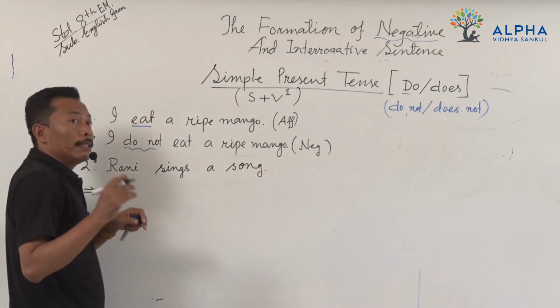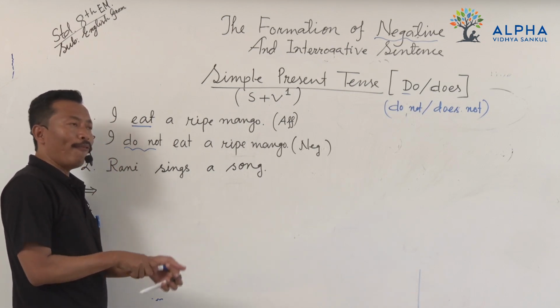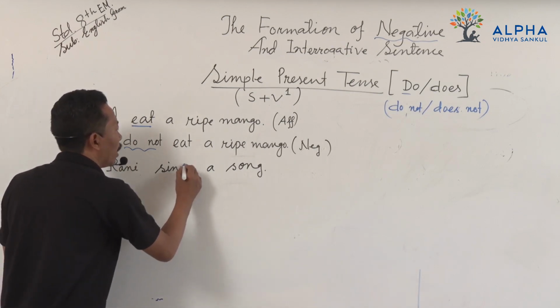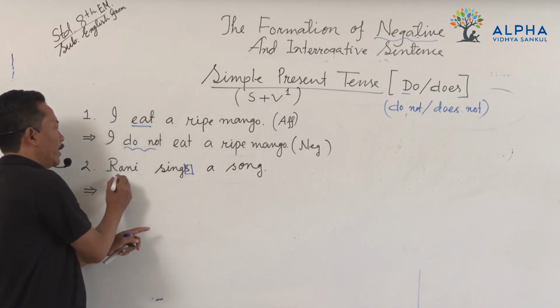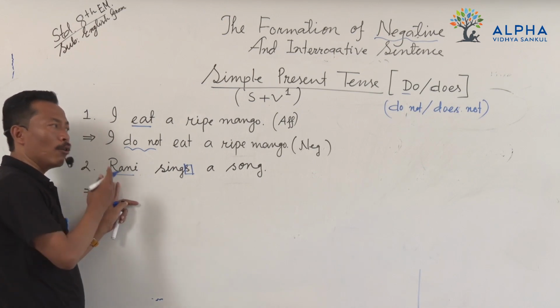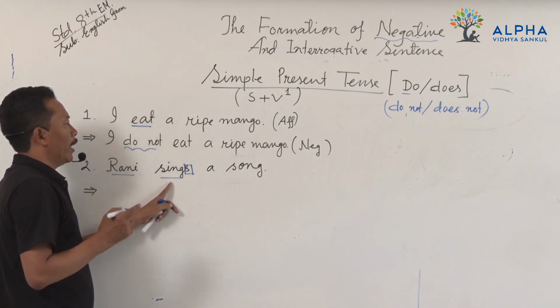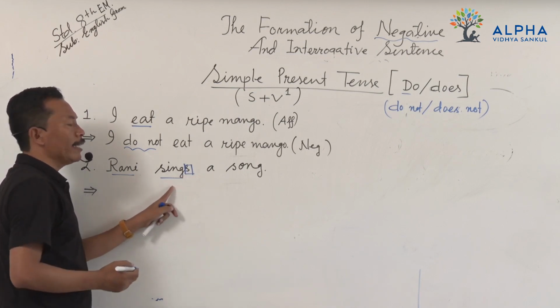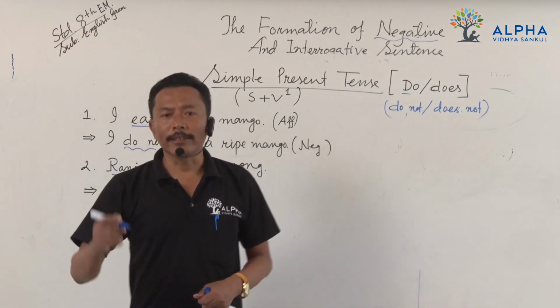Now we can see very clearly here. When we find out the verbs, at the end of the verbs, you will find S. Because this is the third person singular number, and we have to put S at the end of the verb. Sings, runs, plays, eats, writes.